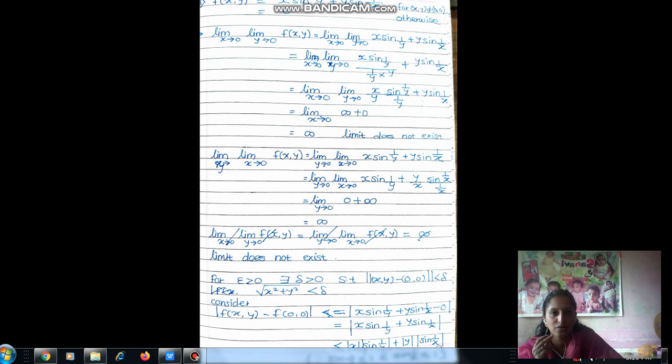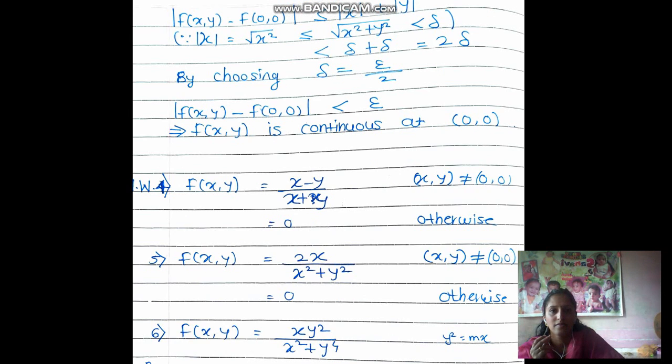But what about modulus of sine 1 upon x and modulus of sine 1 upon y? All of you know that we solved this example in the previous lecture, on how to check the continuity of the function.